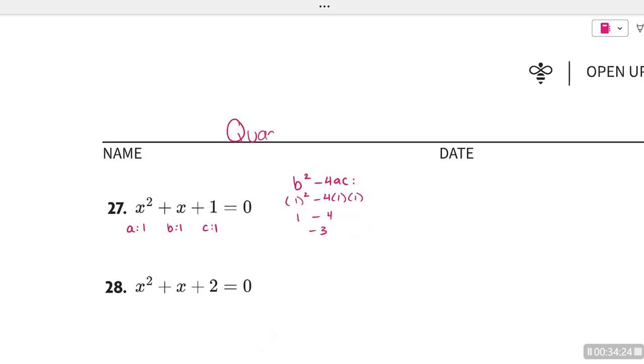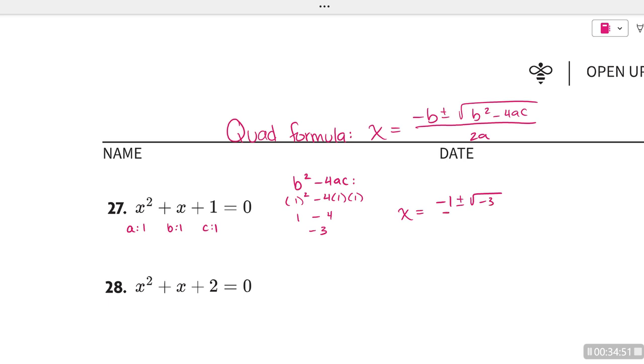So quad formula, right, is x equals negative b plus or minus the square root of our discriminant, b squared minus 4ac, all divided by 2 times a. So we already did the b squared minus 4ac part. So let's do negative b. So negative 1 plus or minus, well, we already figured out that b squared minus 4ac is negative 3, over 2 times a.